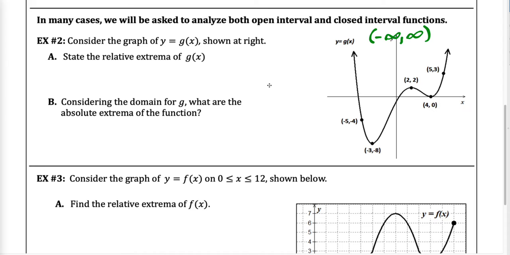So does this have any relative extrema? That's what it would say. How would you answer it? You can't just say, like, there, right? Sometimes it might have a label, like a letter. Like it might say, this is A, and then you could say A is a whatever.